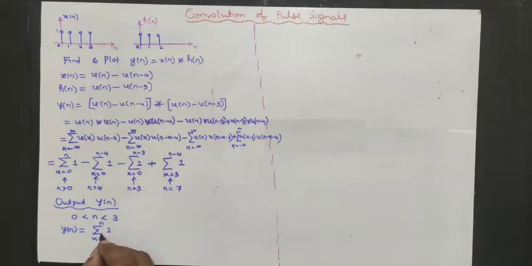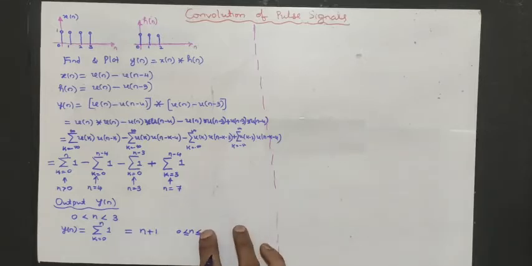You know that this gives you n+1. Hence y(n) is equal to n+1 for n greater than or equal to 0 and less than 3. Not equal, less than 3.